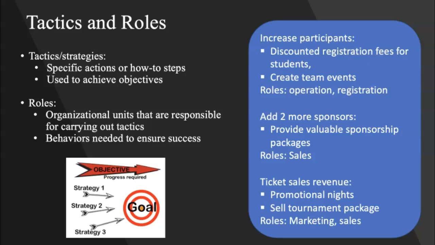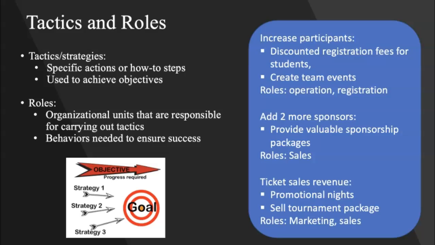The next one is about tactics and roles. Planning process: we need to come up with the ideas. Since we set the goal already, we need to have the tactics or strategies. For the tactics, it's basically specific actions and how-to steps that usually help us achieve the objective.